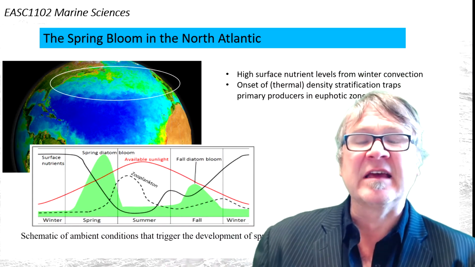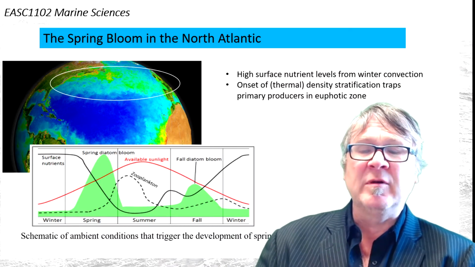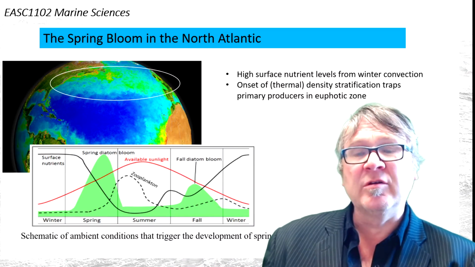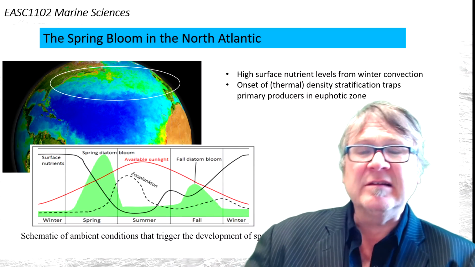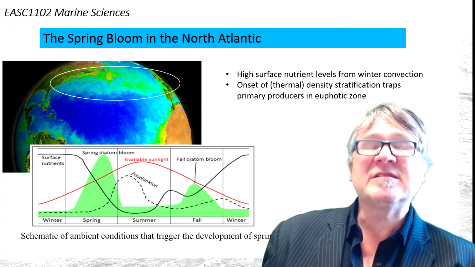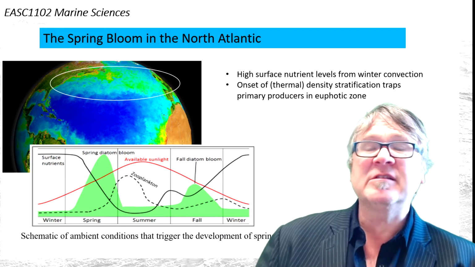And this is a little sketch showing how it works from winter to spring. So you have high surface nutrients because in winter you have little sunlight available in the region. Okay, plus you have a very, very deep mixing in this area. And then you get the spring bloom.